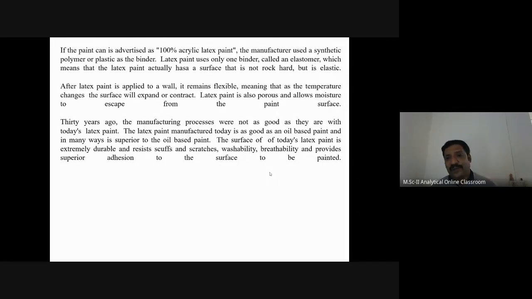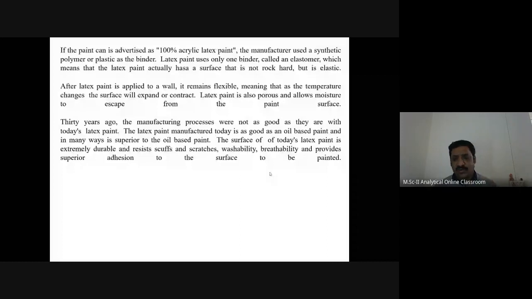When you apply it on the surface, that latex paint is extremely durable, resists scuffs and scratches, and has washability, breathability, and superior adhesion to the surface to be painted. And that is the good performance of latex paint.